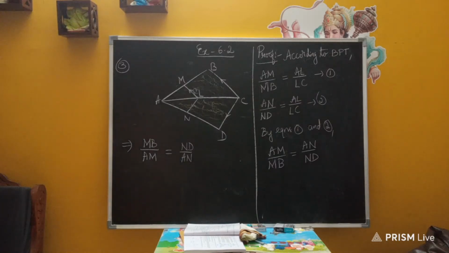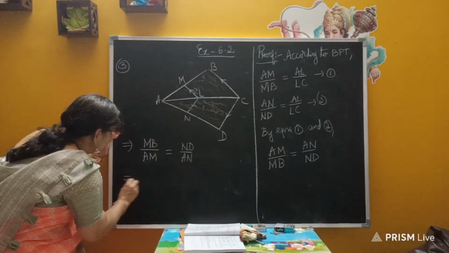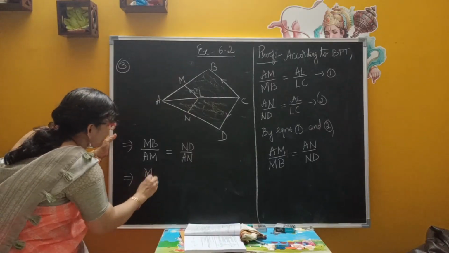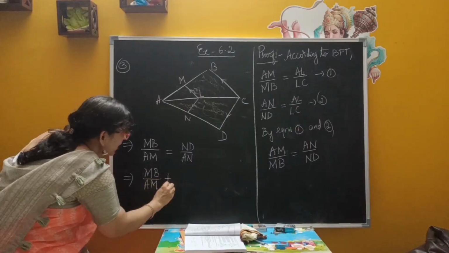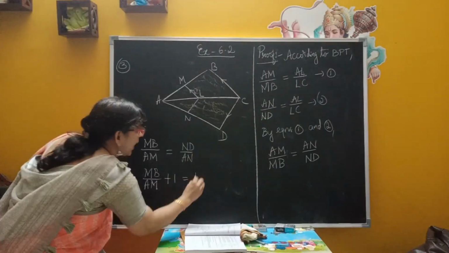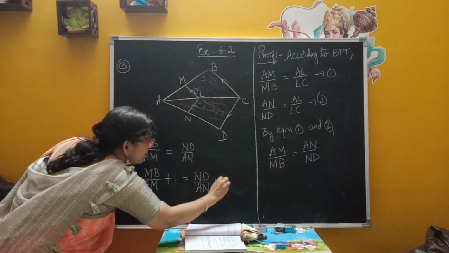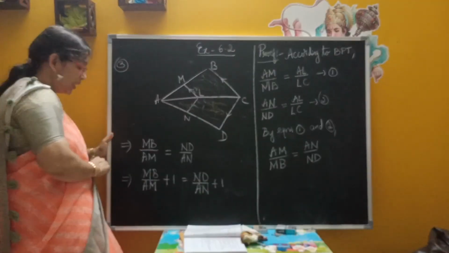So I will add 1 to both LHS and RHS. So let me write MB by AM plus 1 on the LHS is equal to ND by AN plus 1 on the RHS also. So the result remains unchanged.